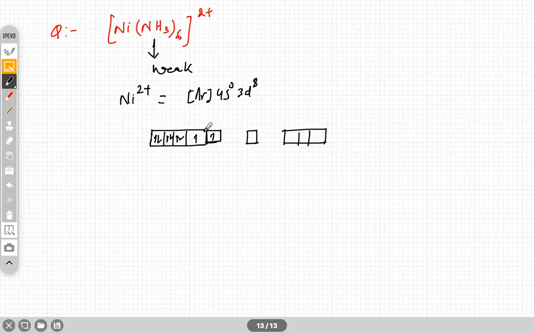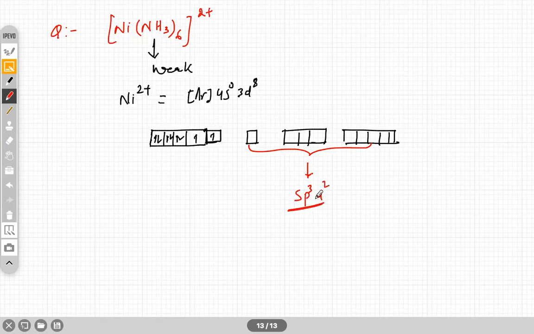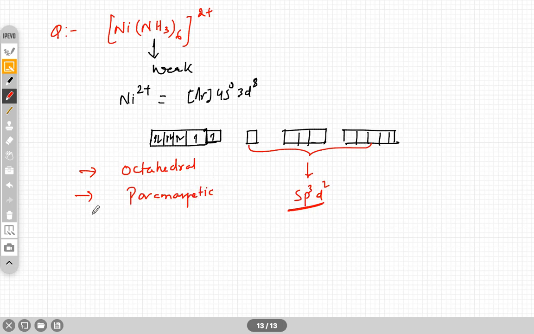So this pairing is not taking place, and hence these 6 orbitals go into hybridization, sp3d2, and it forms sp3d2 hybridized orbitals. So the geometry is octahedral, or square bipyramidal, paramagnetic with 2 unpaired electrons.